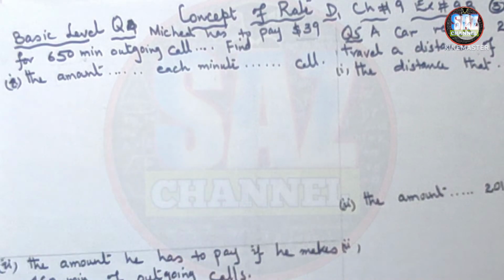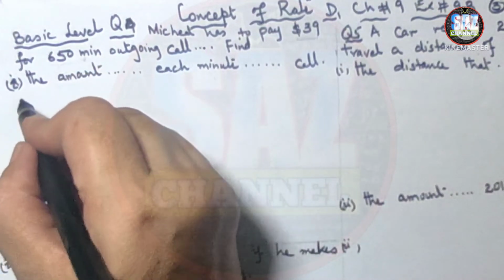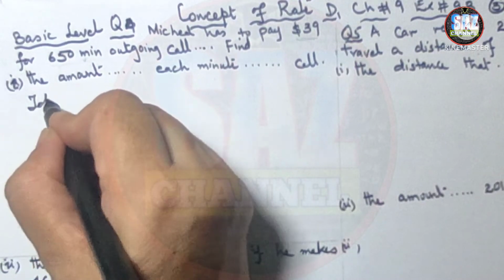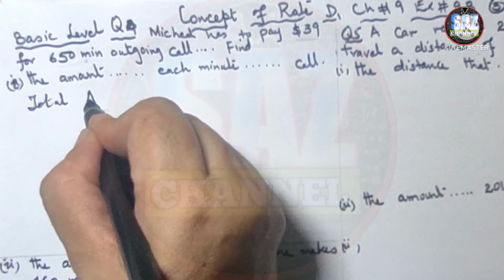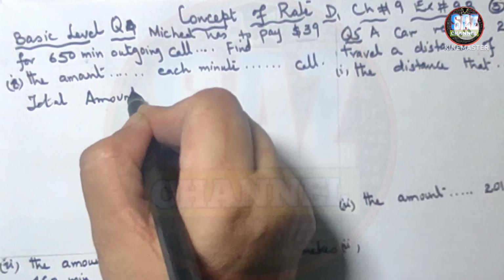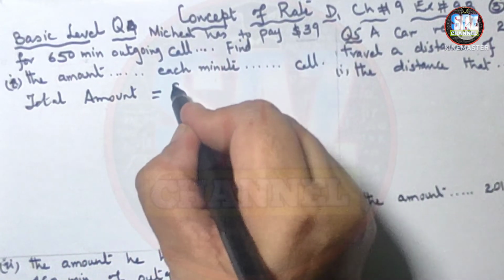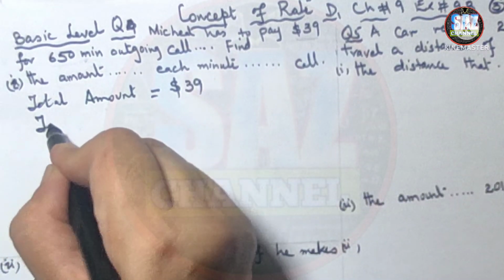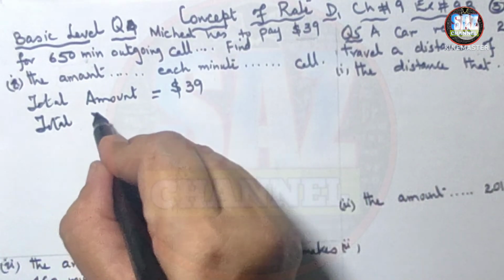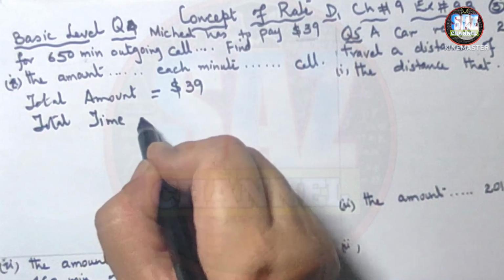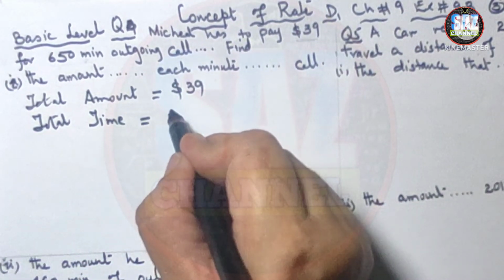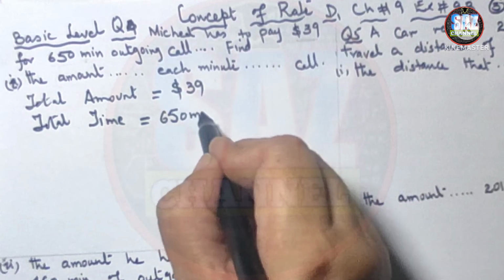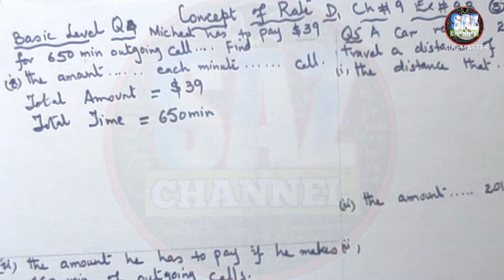So the total amount which is given in the question is total amount equals $39, and total time is 650 minutes. Now students, what is the requirement of the question? The amount he has to pay for each minute of the call.